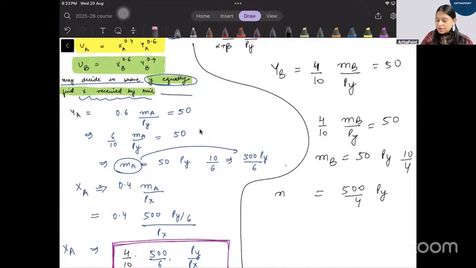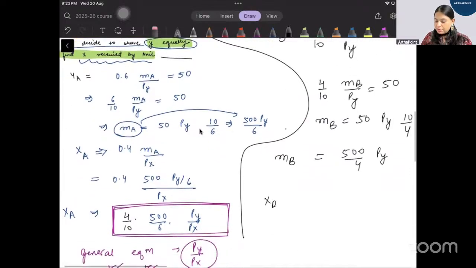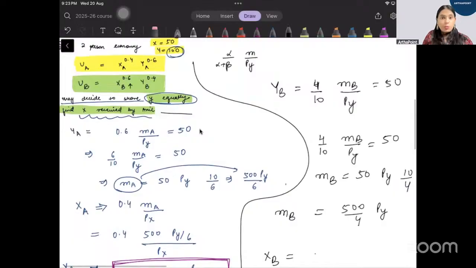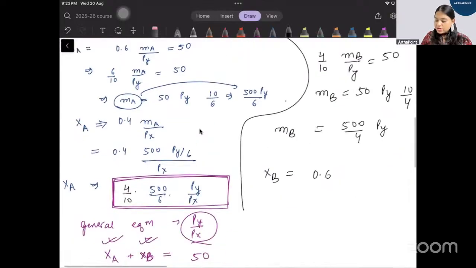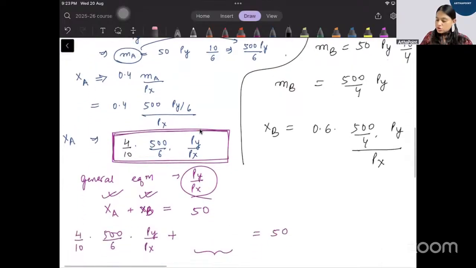The demand of good X by Binod, since his power of X is 0.6, will be 0.6 income by PX, so 6 by 10, 500 by 4 PY by PX units.